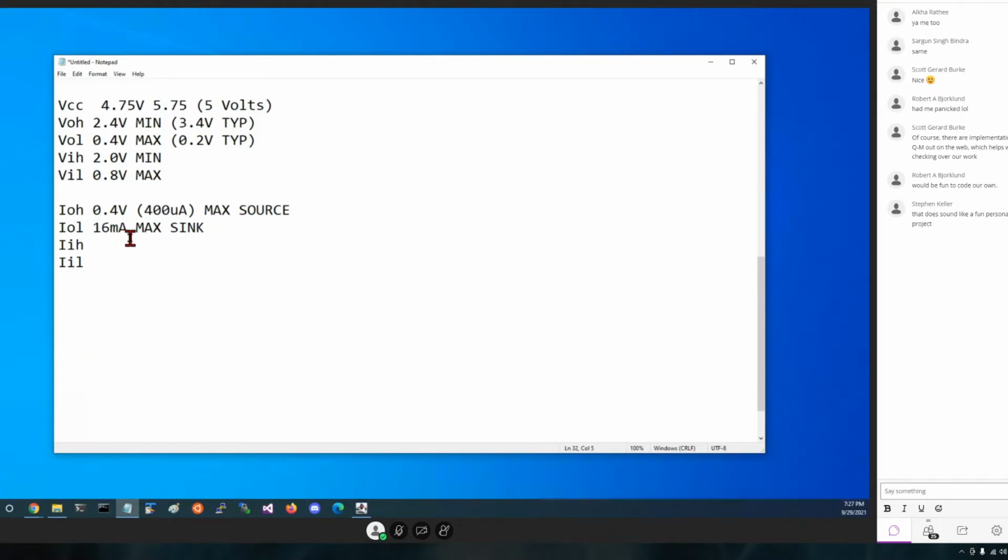Okay, let's look at the inputs. 40 microamps. What did I write up here? This actually is microamps. Confusing myself here. This, of course, is a maximum.